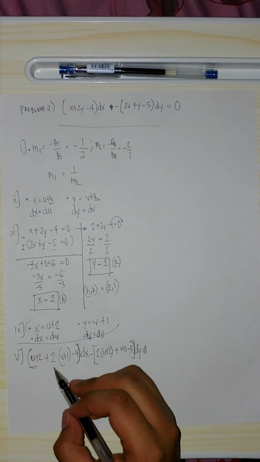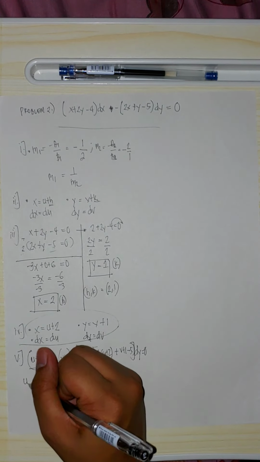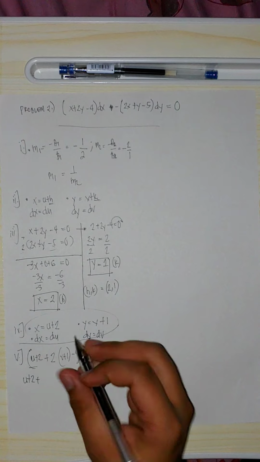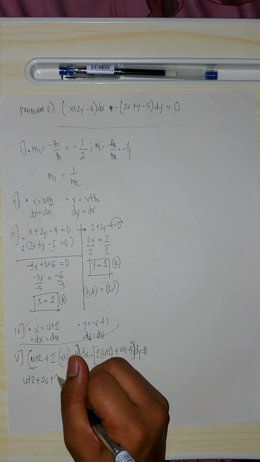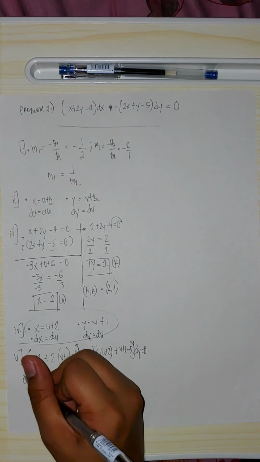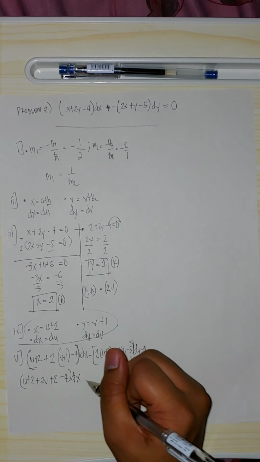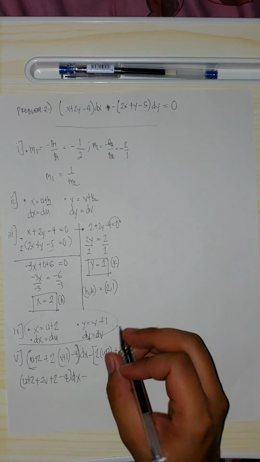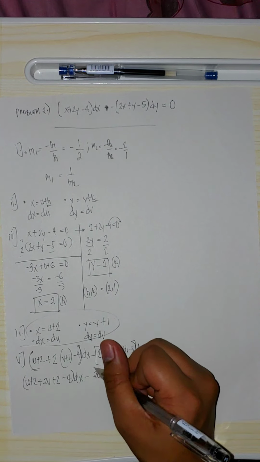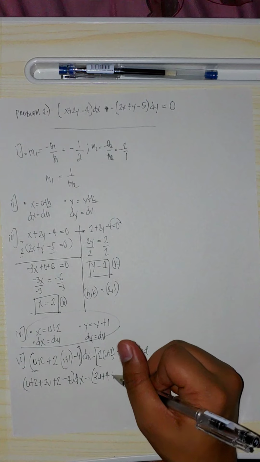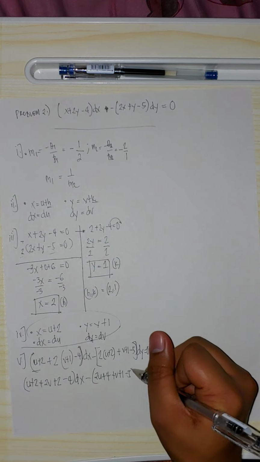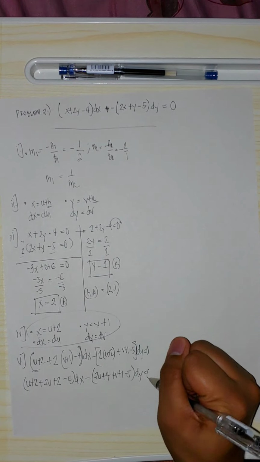So we just distribute. We have u plus 2 plus 2 times v, that is 2v. 2 times 1 is of course 2, minus 4 dx minus 2 times u, that is just 2u. 2 times 2 is 4, plus 4 plus v plus 1 minus 5 dy equals 0.